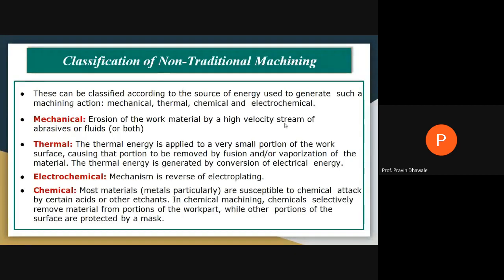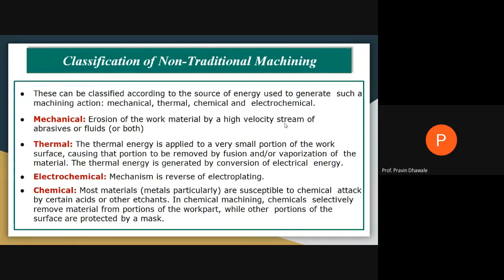There is a reaction between the chemicals and the material of the workpiece, and because of that chemical reaction, material is removed. Most materials are susceptible to chemical attack by certain acids and other agents, and such materials are utilized in chemical non-conventional machining processes.